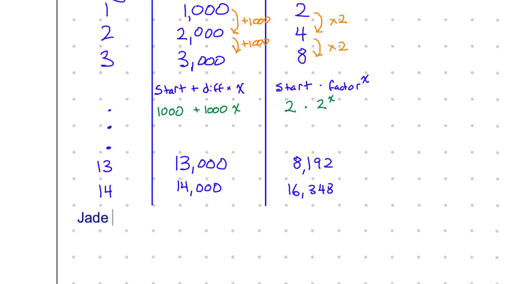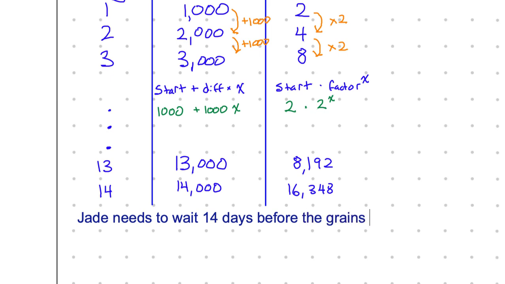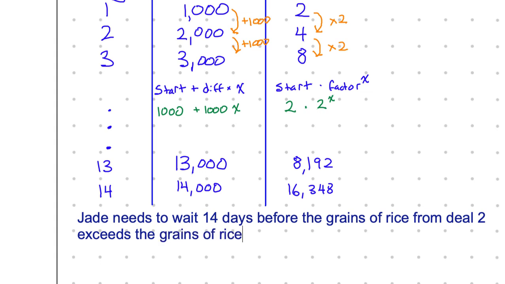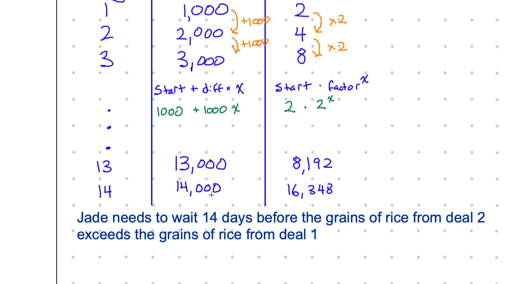So Jade needs to wait 14 days before the grains of rice from deal 2 exceed the grains of rice from deal 1. That's a very long-winded way of saying it, but the answer is 14. That's the main thing that you need to take away from that.